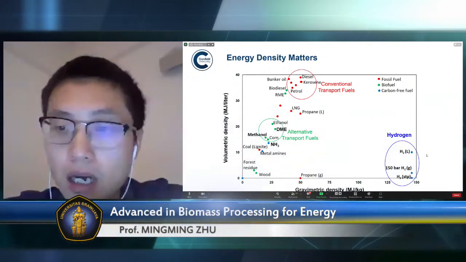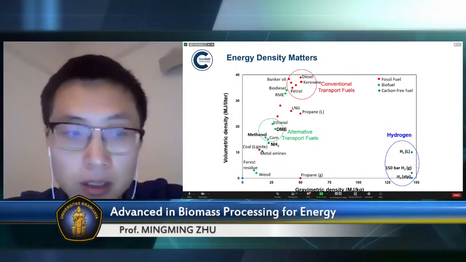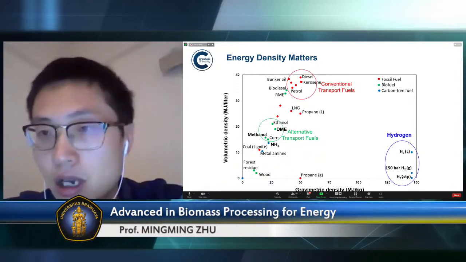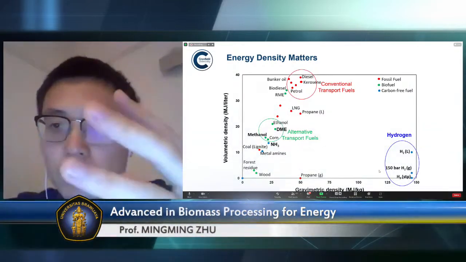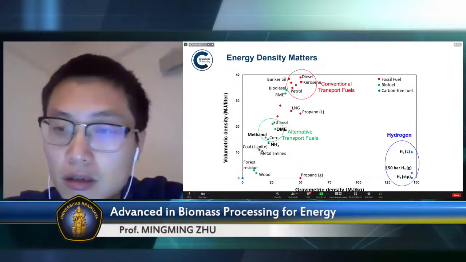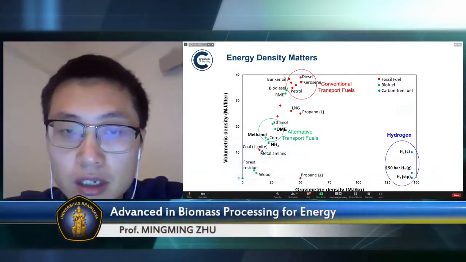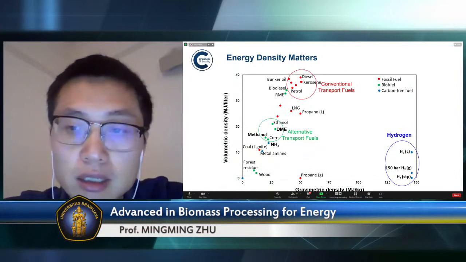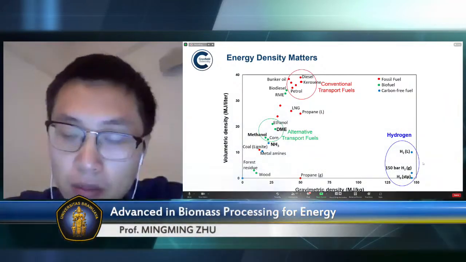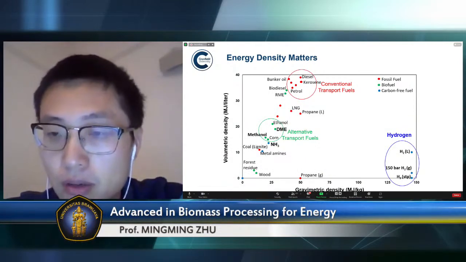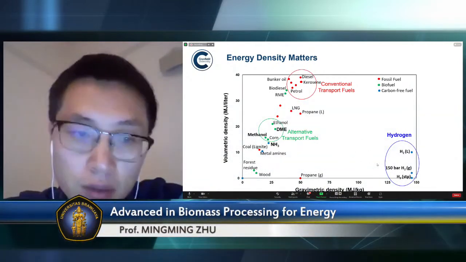If we talk about hydrogen, of course, it is very clean, but the volumetric density of hydrogen is extremely low. That means for the same size of tank, you can't hold much energy. So that's why, at the moment, the easiest or most reasonable practical way to use hydrogen is to use a carrier.